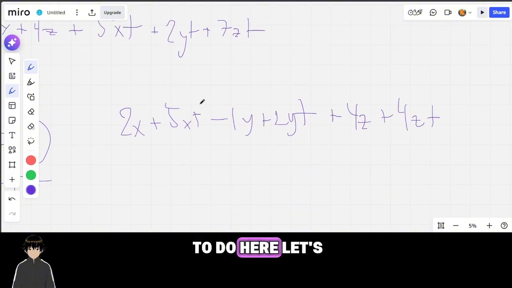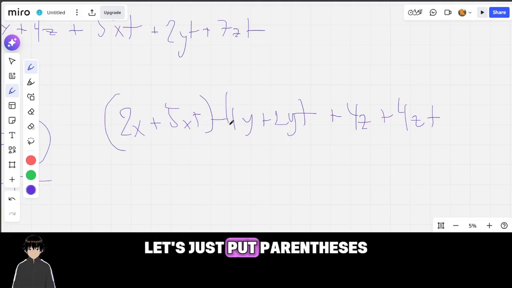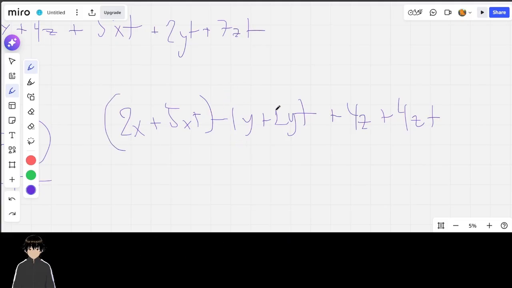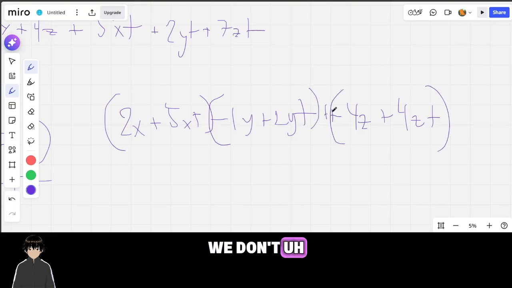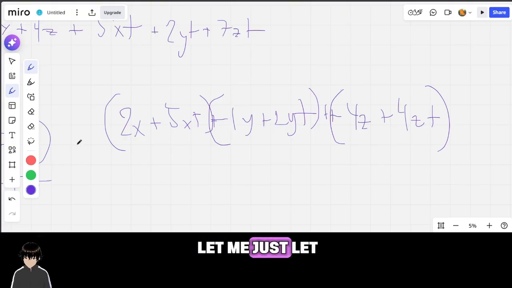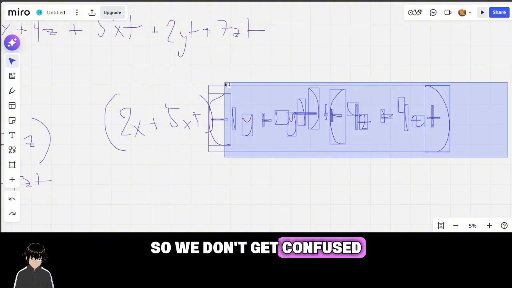Now let's put parentheses in here, so we don't get confused. Let me just fix this.